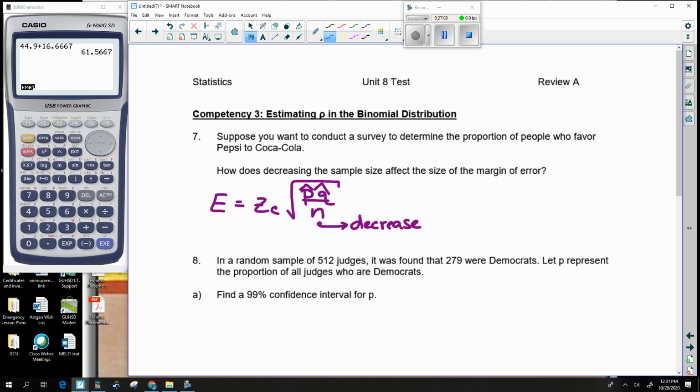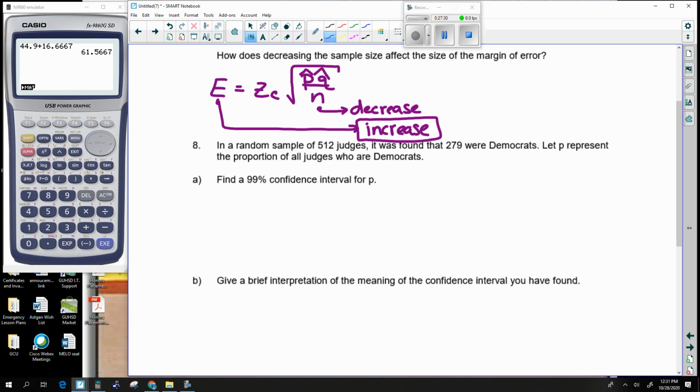How does that affect the margin of error? Notice how N is a division. It's a bottom number, so this is going to be an opposite. So this will increase. It will increase the margin of error. Again, arrows and things like that are necessary.